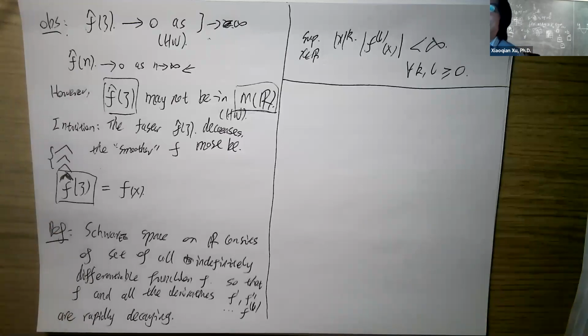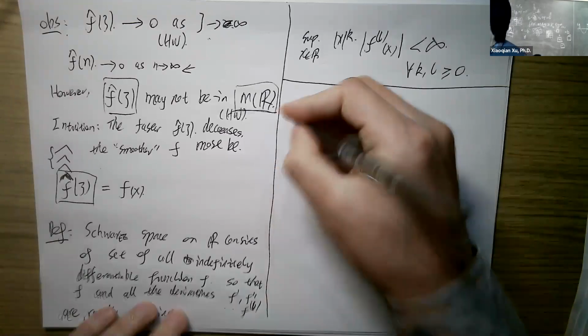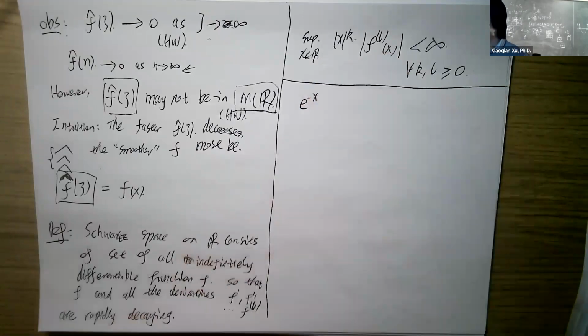You can see that we defined something, but you don't have any function in mind that looks close to this kind of function. Lang Chen gives us an example, and it seems that e to the minus x looks like a very good candidate. However, unfortunately, it is not.